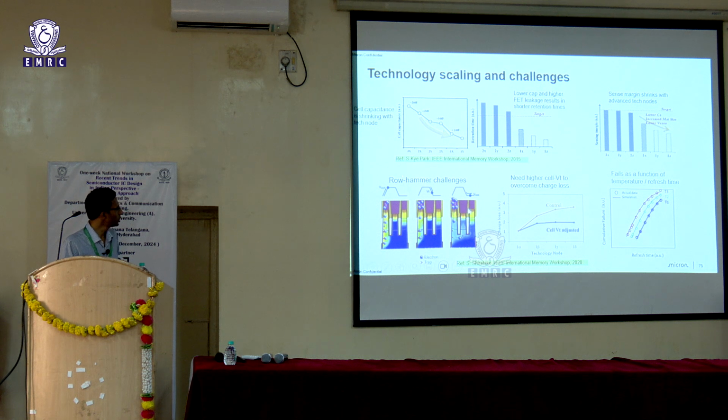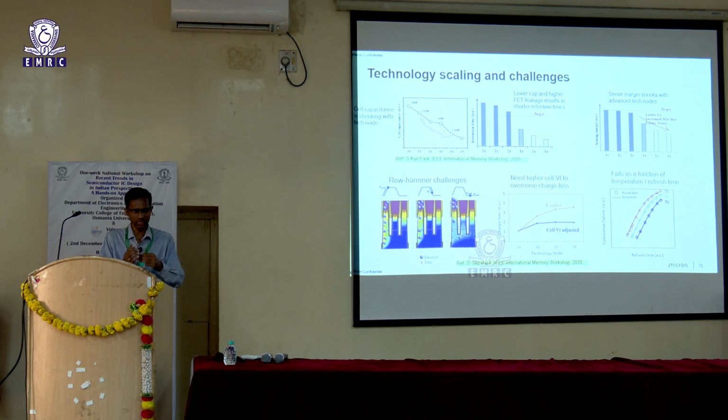And there is one other concept called row hammer. So suppose you have a DRAM chip and you are repeatedly targeting one particular row and accessing data from the same row time and again, like 100 times, 1000 times, right? When you start doing this, the way DRAM is constructed, within the next 20 or 30 nanometer space, you have your next row. So whenever you are repeatedly accessing this, what you are doing is creating a VCCP level of voltage on your cell gate voltage, and then bringing it down.